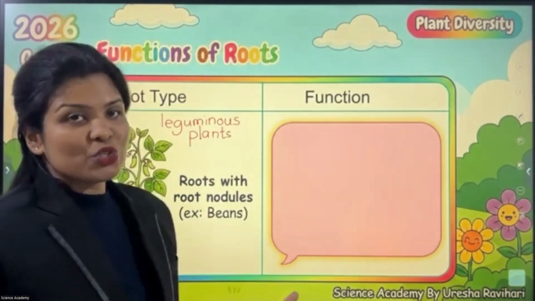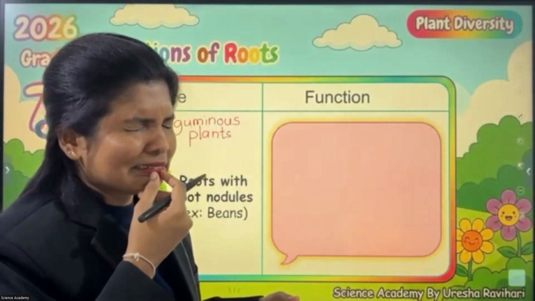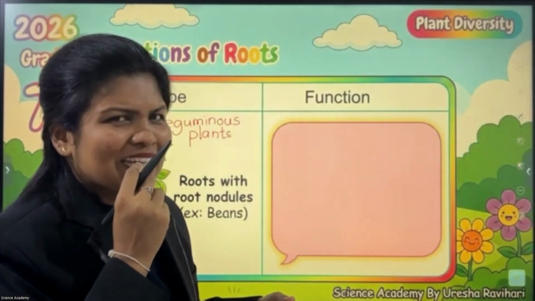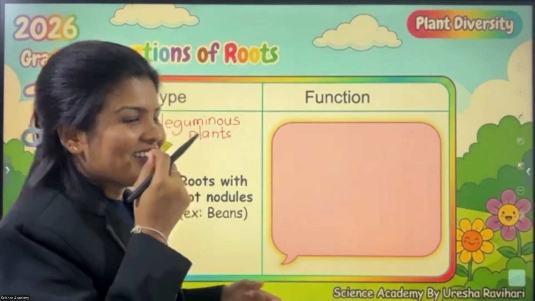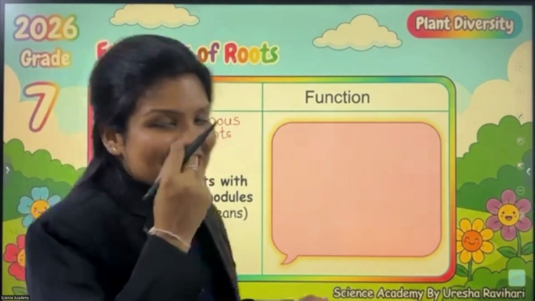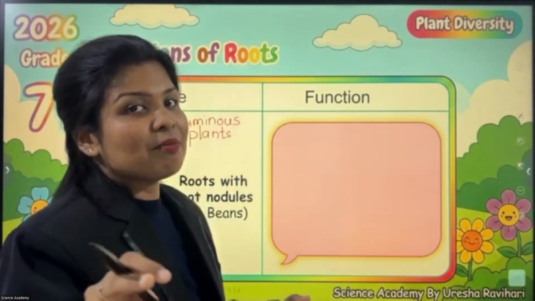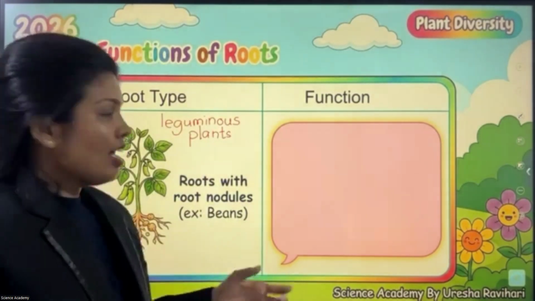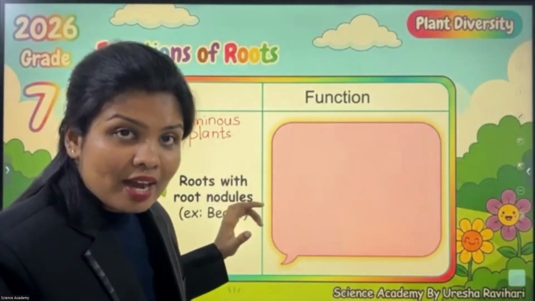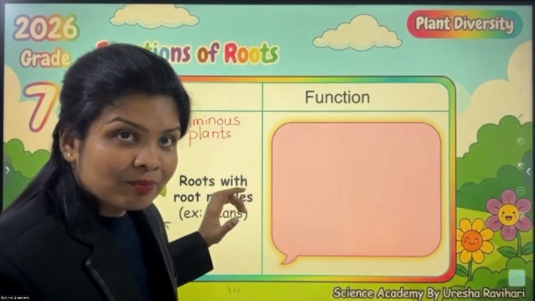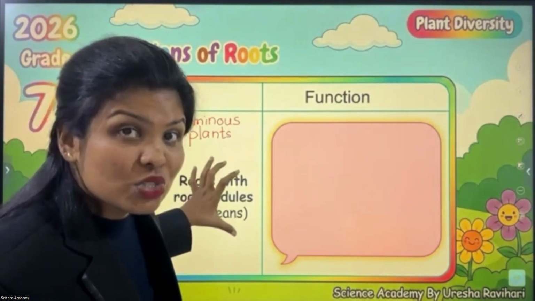Mimosa, tamarind. What is tamarind? When you are eating, you feel a sour taste. Tamarind in Sinhala we call Tiyambala. Here beans, beans, cowpea, mung beans, and then as well as mimosa.